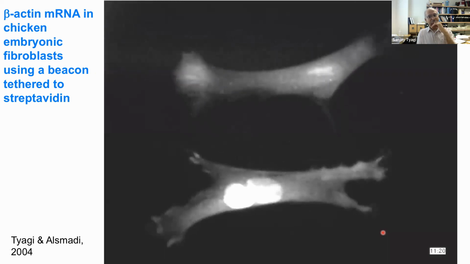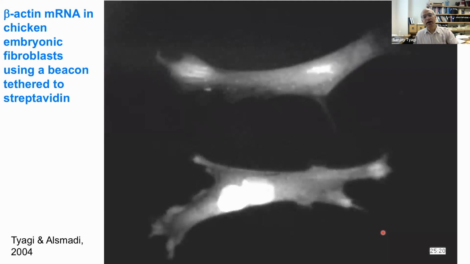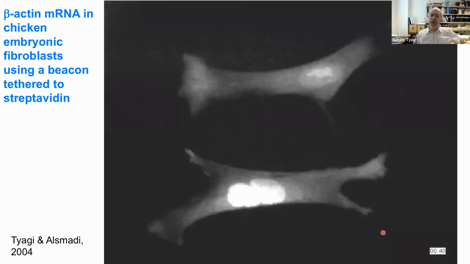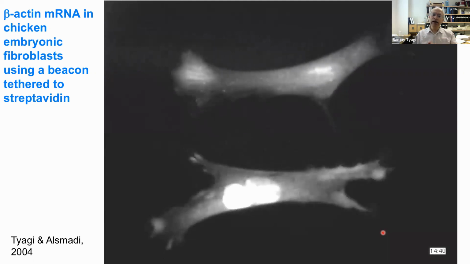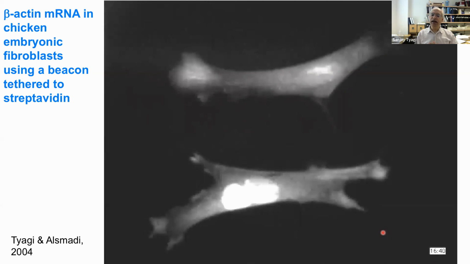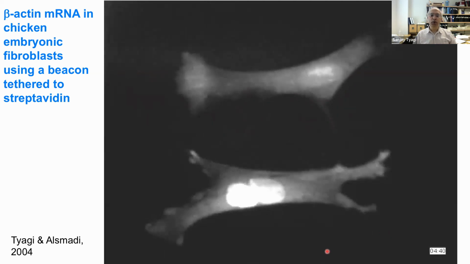And Rob Singer, earlier in the 90s, had shown that these mobile fibroblasts have their beta-actin RNA concentrated in these pseudopods.